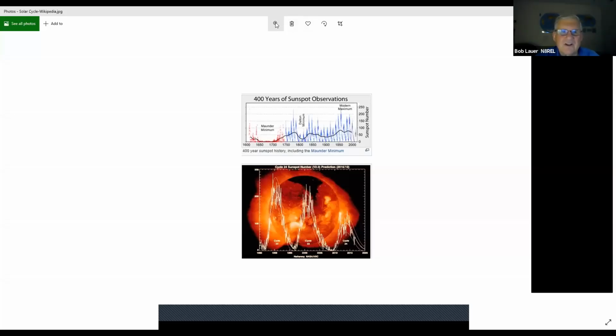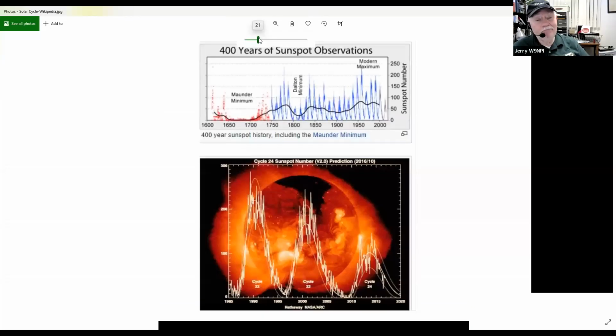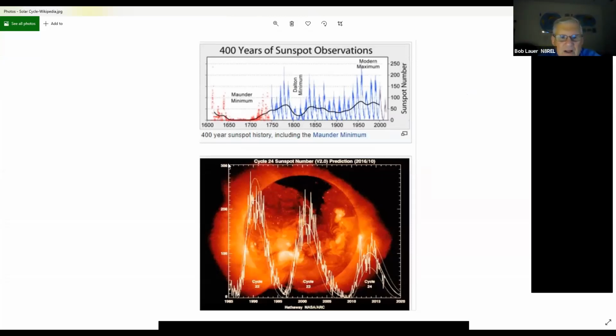Here, let me make this a little larger. Now this is right out of Wikipedia, by the way. Anyhow, right now we are at the end of solar cycle number 24, which is here.